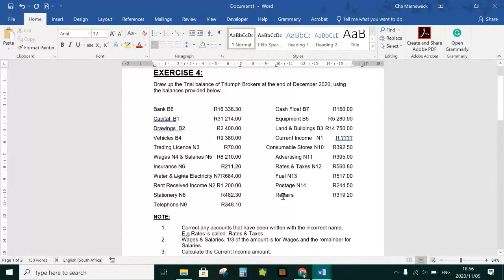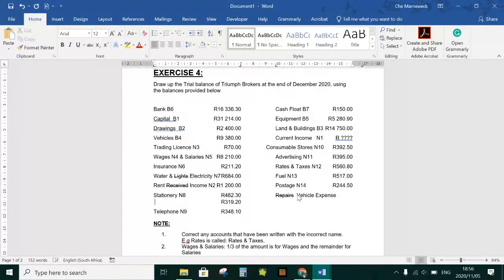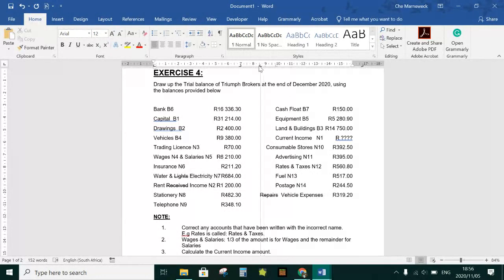I personally don't have a problem if you keep it as repairs, but if you're wanting to be more correct with accounting, the more modern word, vehicle expenses. I think that's the better one to go with. Vehicle expenses, and that's going to be N15.